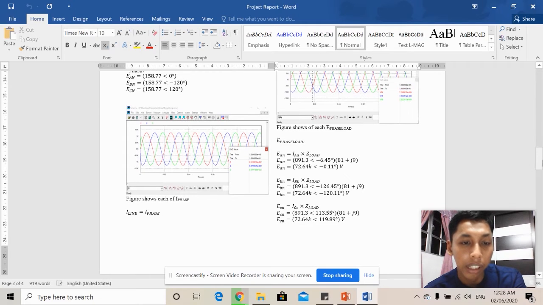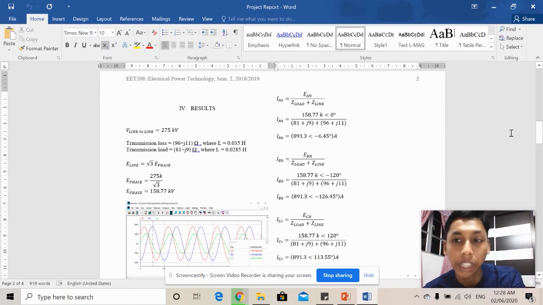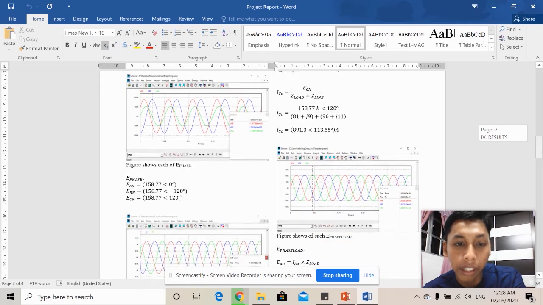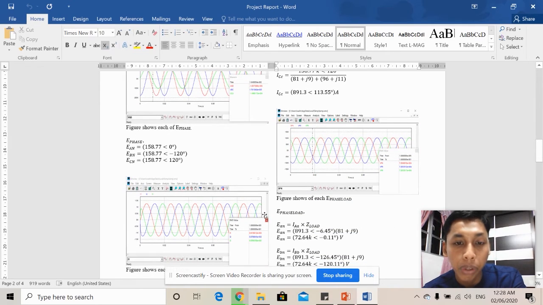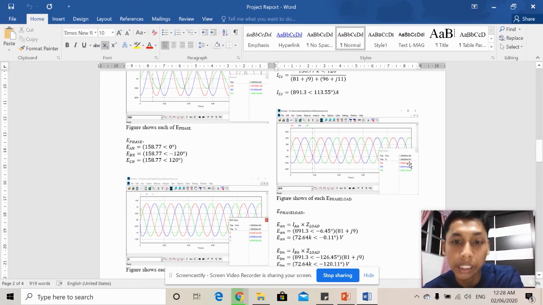Next, also for I line equals I phase, the figure shows the I phase, and next you can see the calculated value for I phase, and I compare it to the result and it's the same.